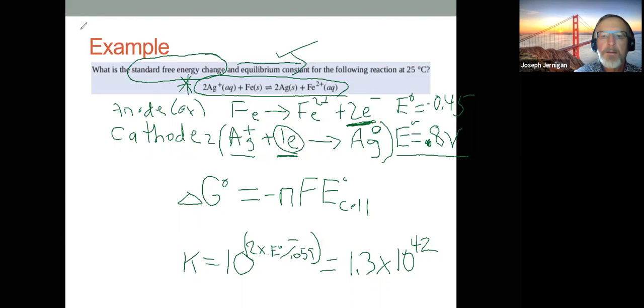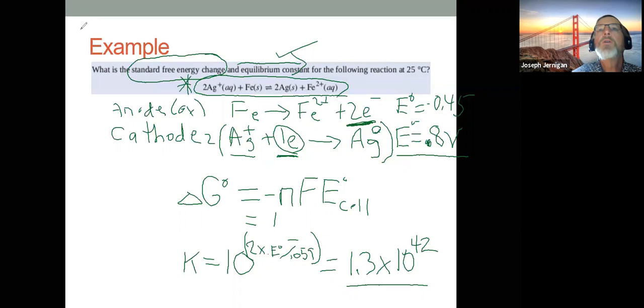Our E0 cell was roughly 1.25, and I think the 1.3 here actually came from an E cell of 1.247. So that's the difference, Nathaniel. Your number is indeed correct. Mine's wrong.